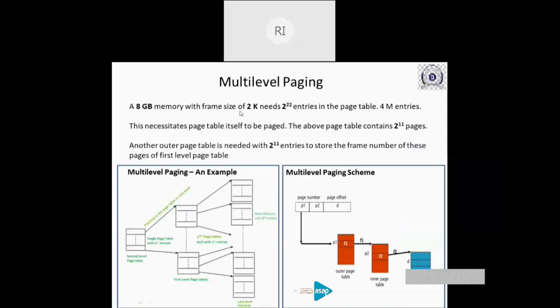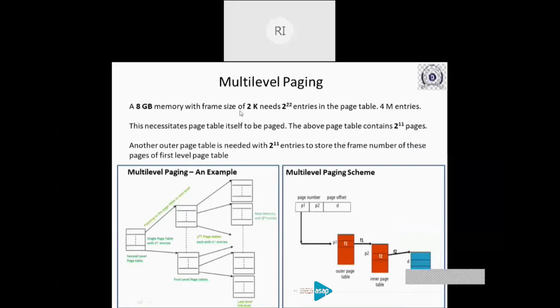But we know that the size of a frame or a page is only 2^11, that is 2K. In order to store these 2^22 entries, one page will not be sufficient, because a maximum of one page can hold 2^11 entries.